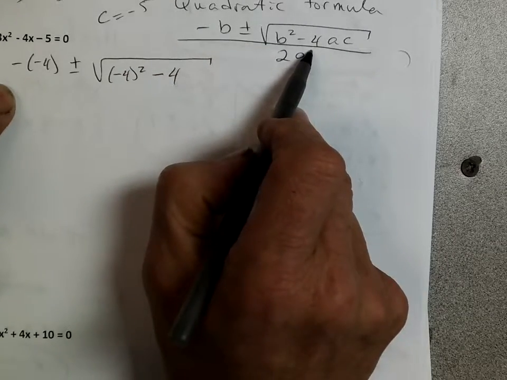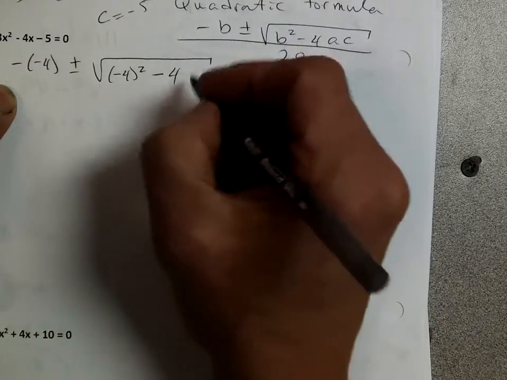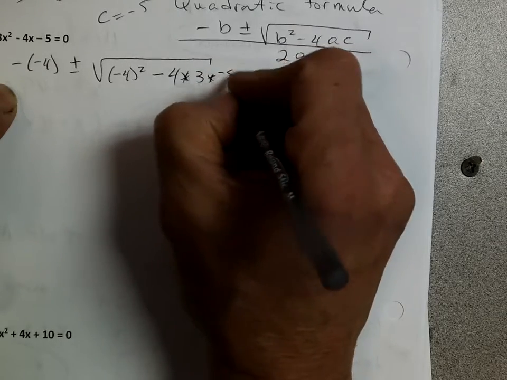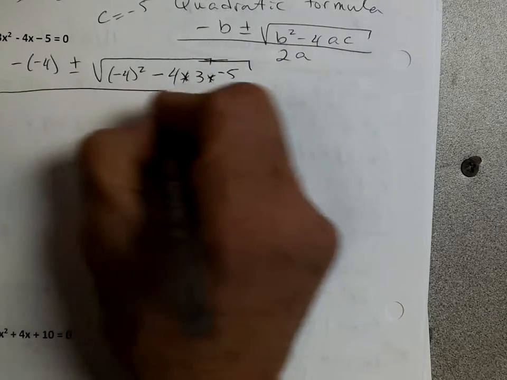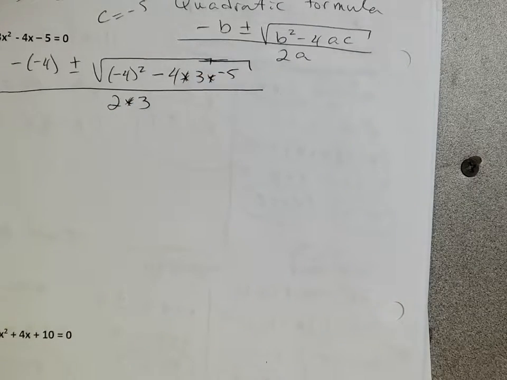A lot of kids ask me, Mr. Davies, where'd the 4 come from? It's in the formula, okay? It's always there. 4 times a, which is 3, times c, which is negative 5, all over 2 times a, which is 2 times 3. So we just plug it in.